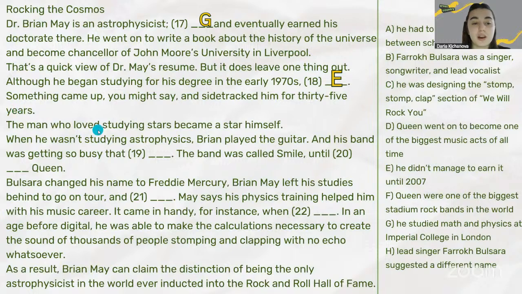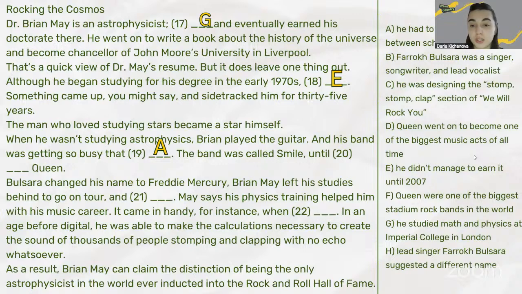Let's move on to number 19. So his band was getting so busy that at the end we need to have something that happened after that. And what happened? He had to make a choice between school and his music.